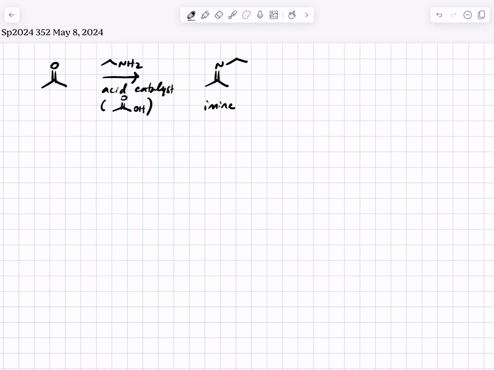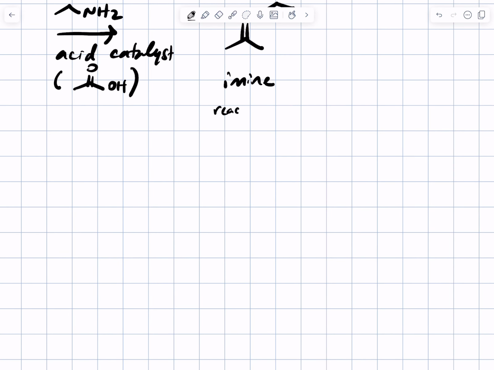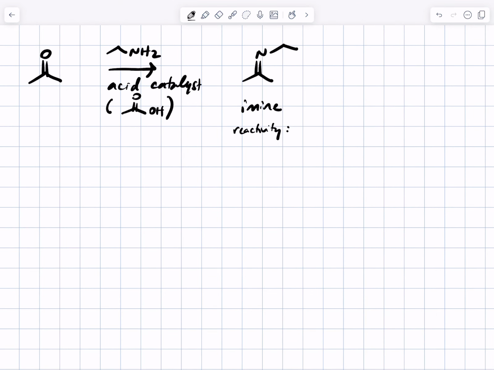We didn't talk at all about what you can do with an imine, but in terms of reactivity, you should think of the imine as kind of like a ketone or an aldehyde.